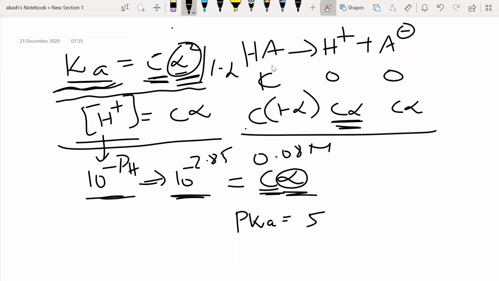You don't have to know the structure of propanoic acid, guys. You should have studied it in carbon compounds in 10th class, right? Propanoic acid will have 3 carbon atoms with the COOH. Anyways, we don't go to the structure, and they're giving you the pKa value of this acid as 5.